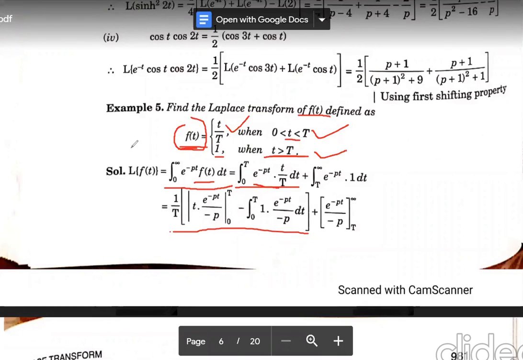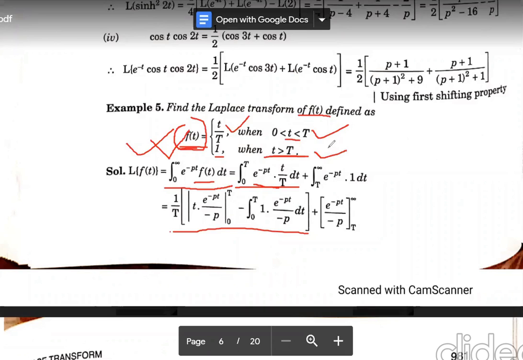So whenever this type of function is given in the second shifting property, you just need to check at which point the value of f of t is divided. Then accordingly, at that point you divide the integration into parts. Here only one point is given, maybe you will get more points where the value of f of t has been divided.